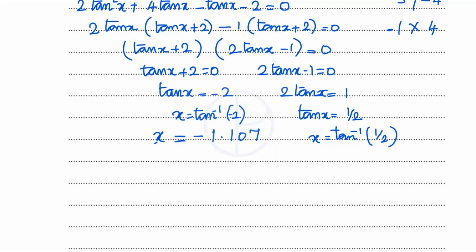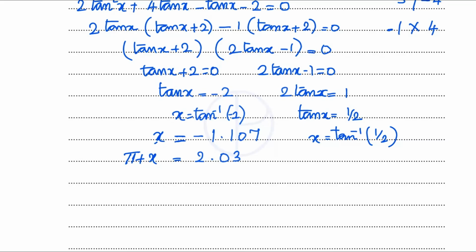So then we will take pi plus this value, which gives 2.03. Okay. Correct to 3SF.